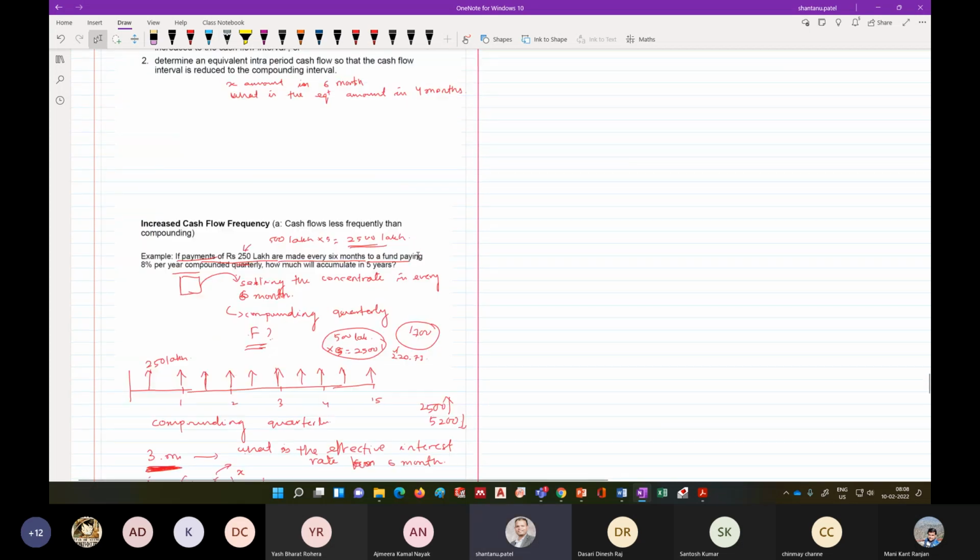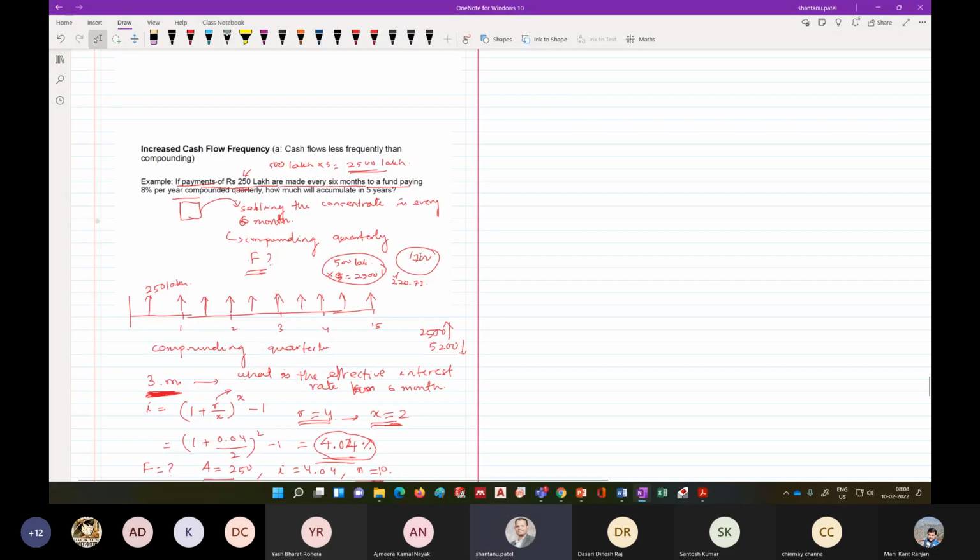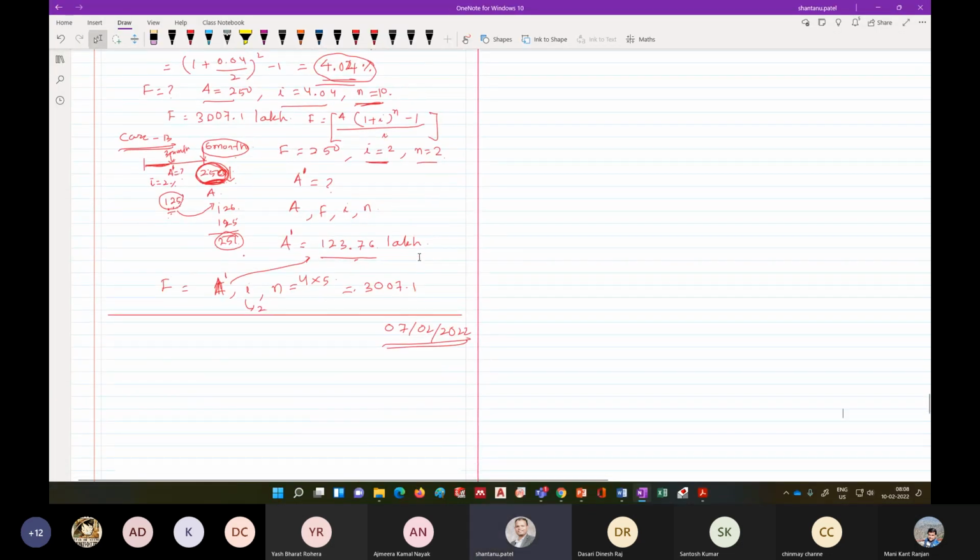So in here we were talking about different frequency of cash flow. We were talking about this mismatch of compounding interval and cash flow.